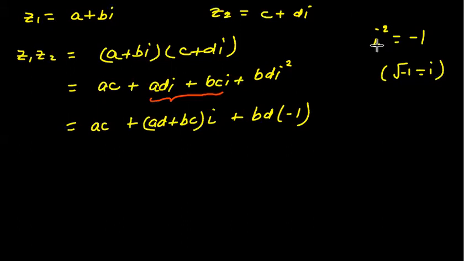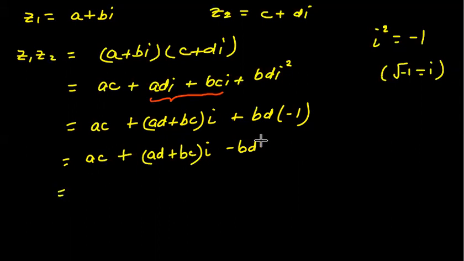So I need to recall this, right? So now this becomes ac plus adi plus bci minus bd. See, this is bd times -1, which makes it a minus bd.